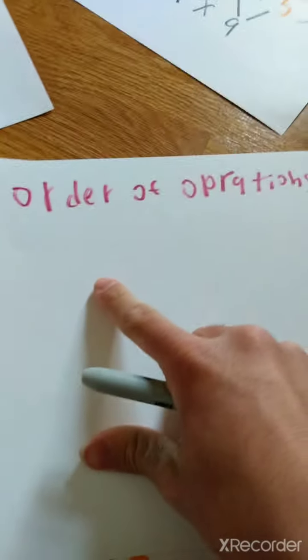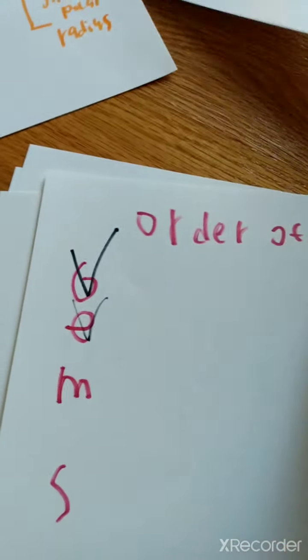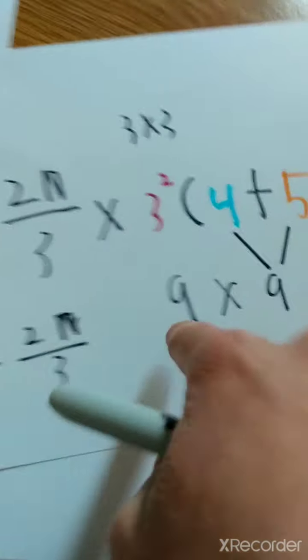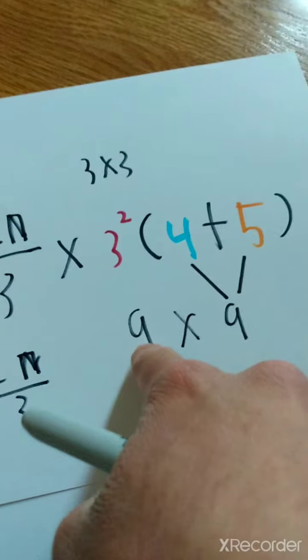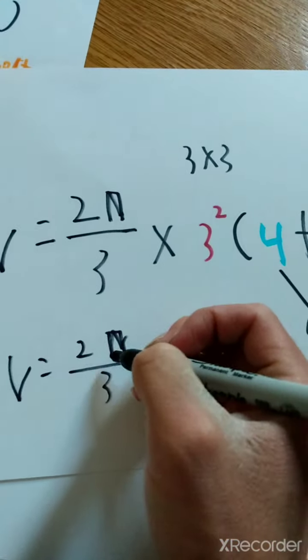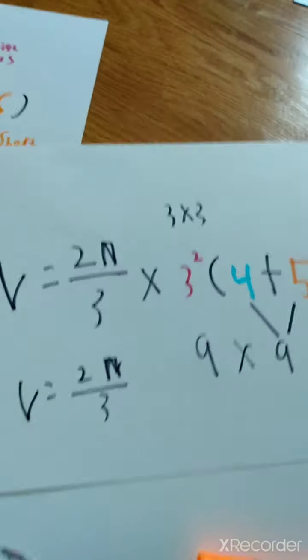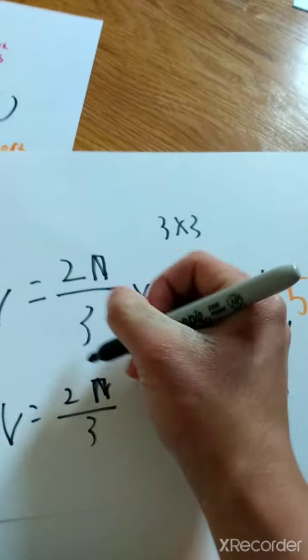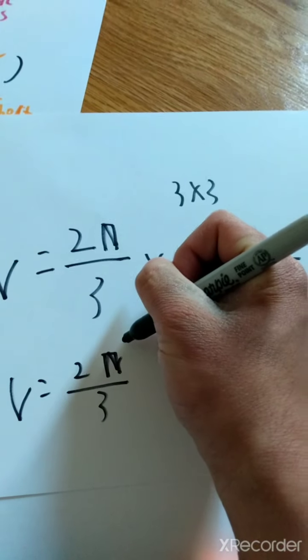Our next step for order of operations is multiply and divide. So, volume equals 2 times pi divided by 3, multiply that by 9 times 9. So, for 2 times pi, because for order of operations we go from left to right, we're going to have to do 2 times pi.